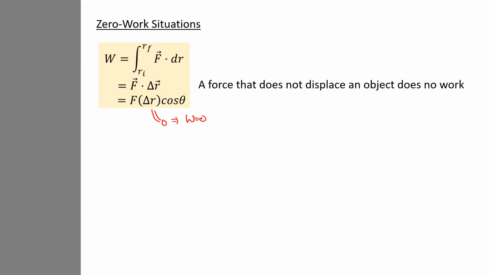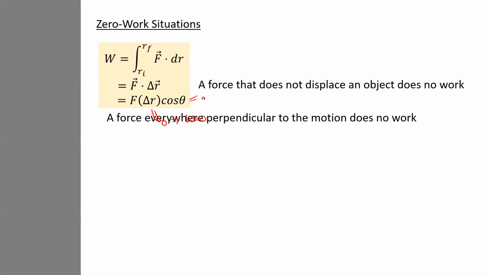That's clear. A force everywhere perpendicular to the motion does no work. And that comes from the fact that when the angle theta becomes 90 degrees, then this whole term goes away to be 0. So work becomes 0 when the angle between them is perpendicular, 90 degrees. So two cases. Of course, when there's no force involved, there can be no work done by that force.